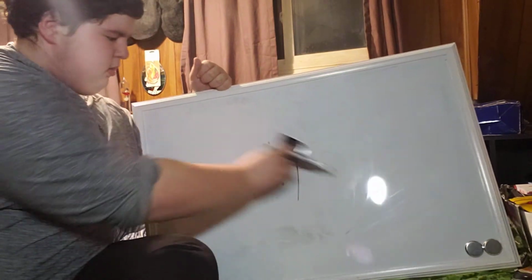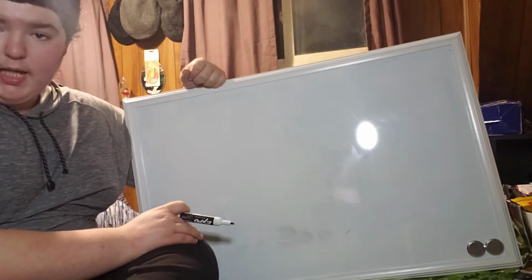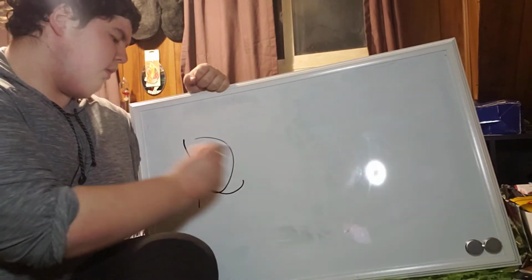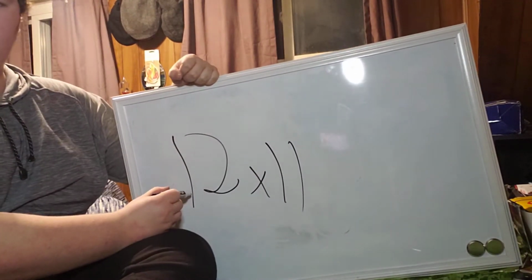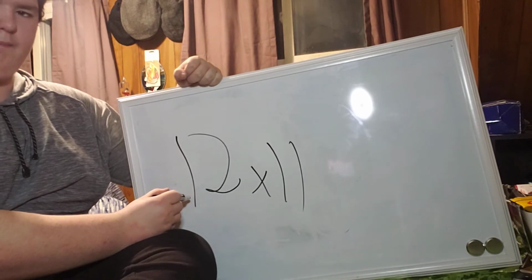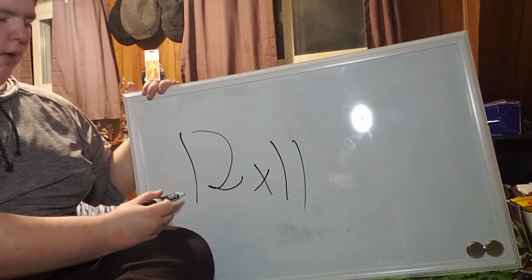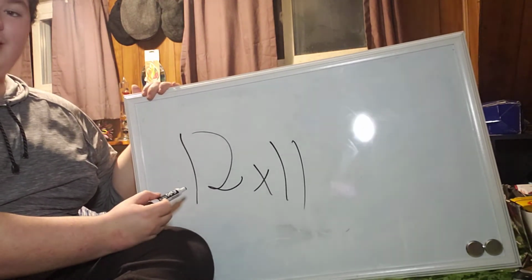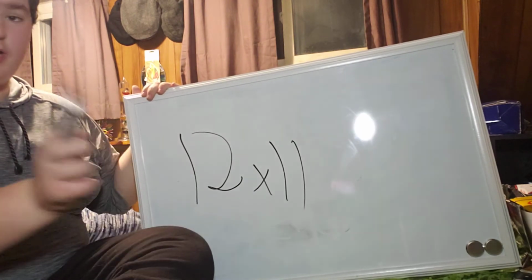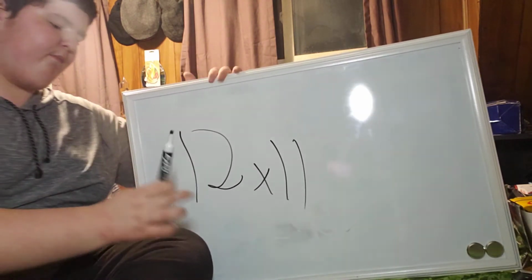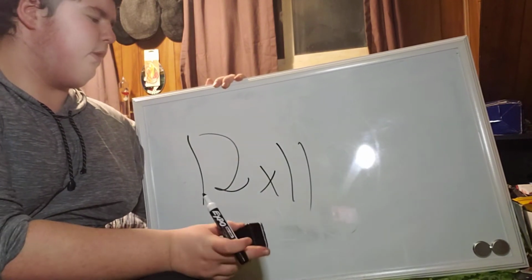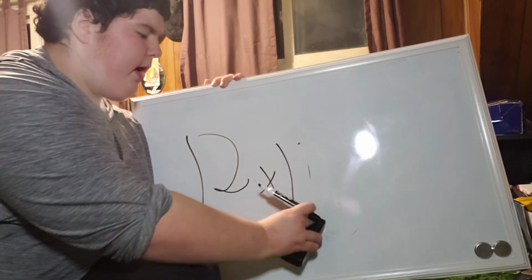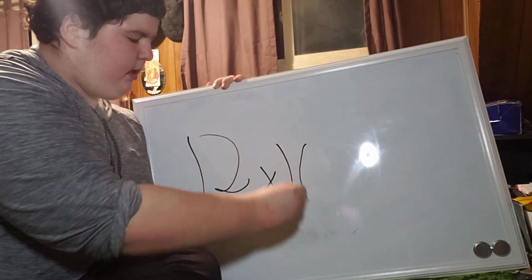Now, if you're going past the 10s and you're doing like 12 times 11, you take 12 and you times it by 10. This is where I use the divisibility rule I'll talk about. Well, it's kind of the same thing as I said before, but you do it like this. Take away that 1 and think of it as a 0.